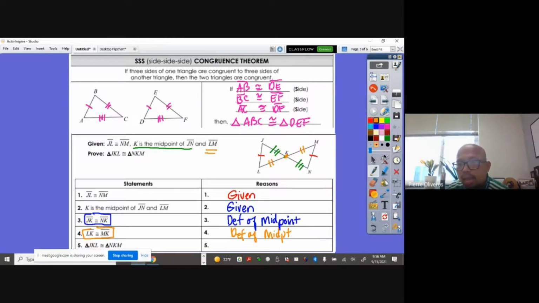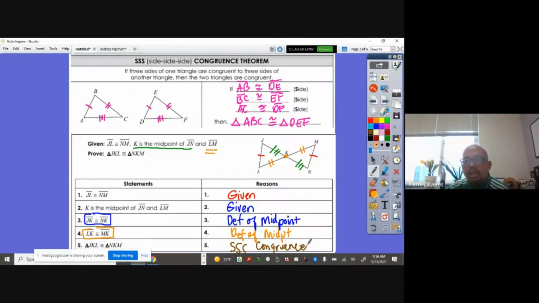Since I can see that I have three sides already in one triangle that are congruent to the other three sides, I can jump to a conclusion, and that's enough for me to know that triangle JKL is congruent to triangle NKM using side, side, side congruency.